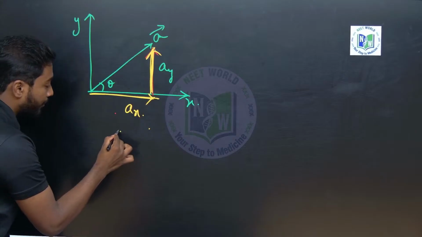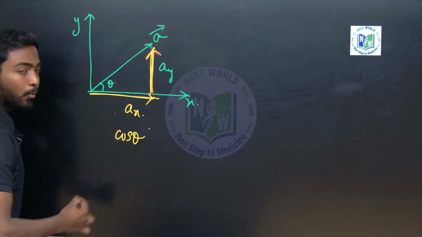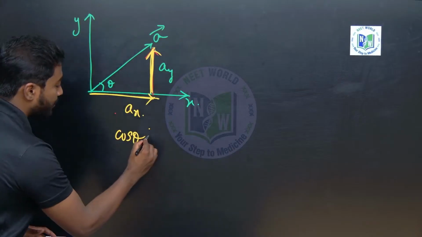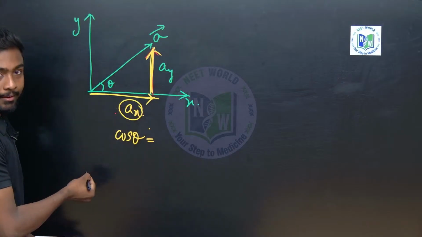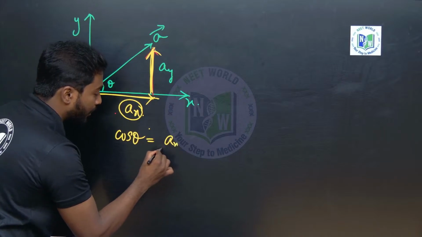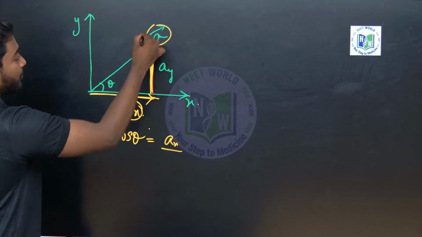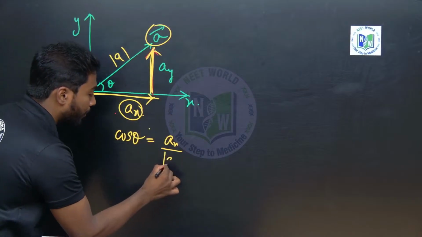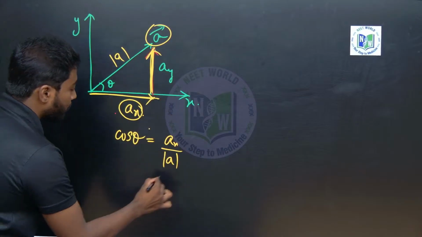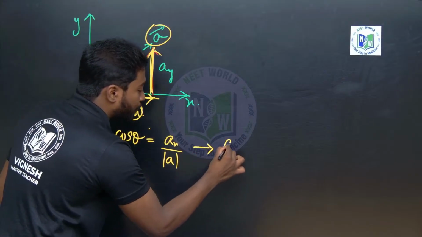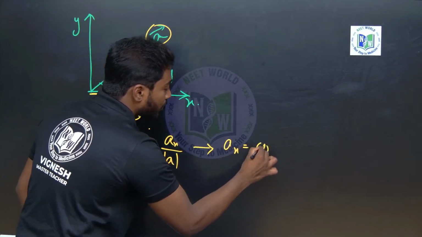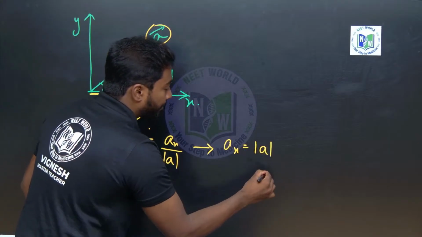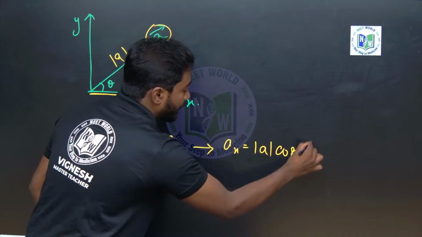So I can write cos theta. What is cos theta? It is adjacent by hypotenuse. What is adjacent here? ax. So ax divided by the hypotenuse, that is the modulus of A, the magnitude of A. So ax is equal to magnitude of A into cos theta.